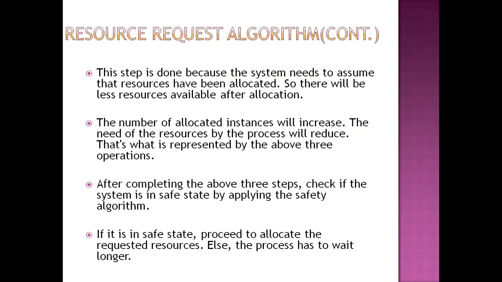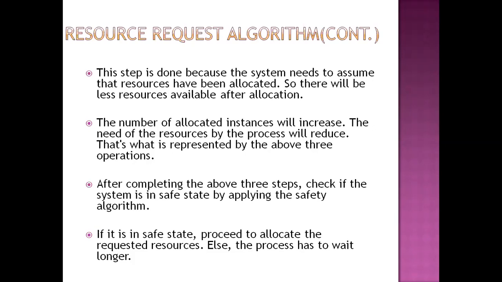This step is done because the system needs to assume that the resource has been allocated, so there will be fewer resources available after allocation. The number of allocated instances will increase, and the need of the resource by the process will reduce, and that's what is represented by the above 3 operations. After completing the above 3 steps, check if the system is in a safe state by applying the safety algorithm.